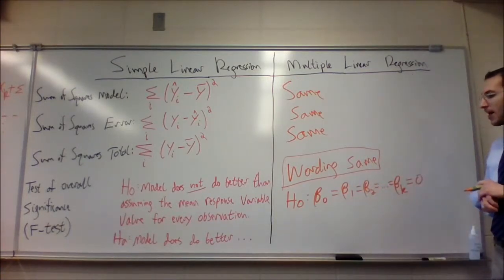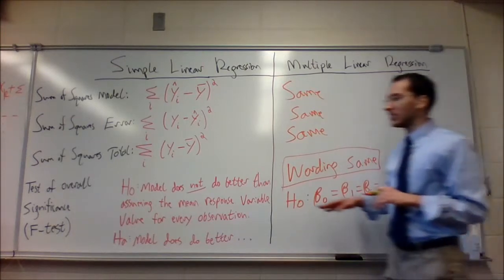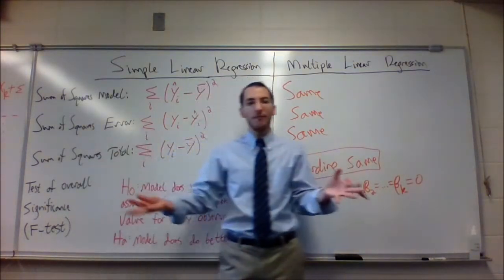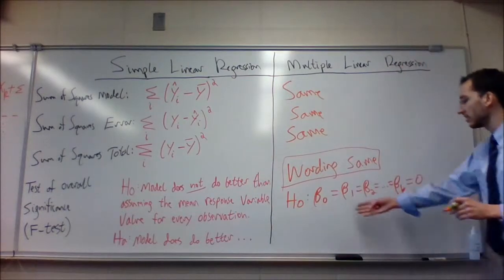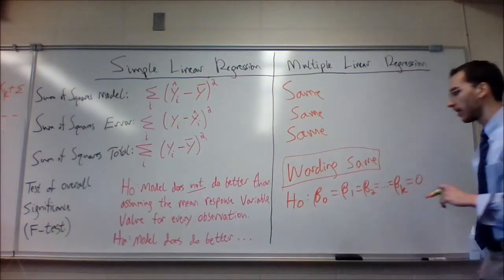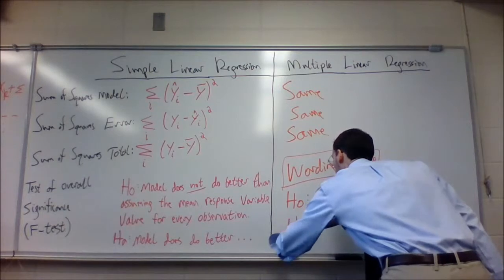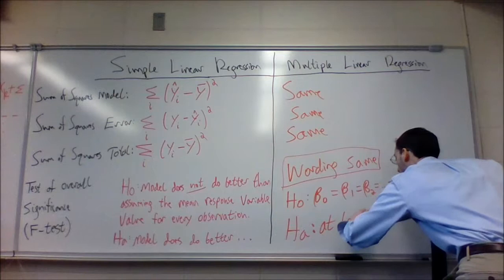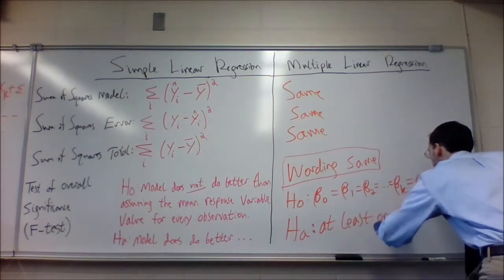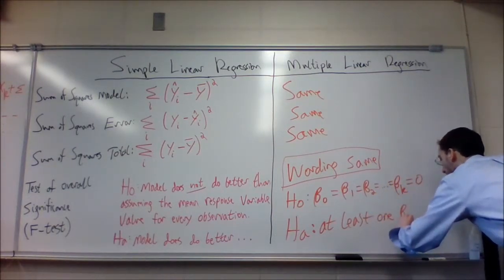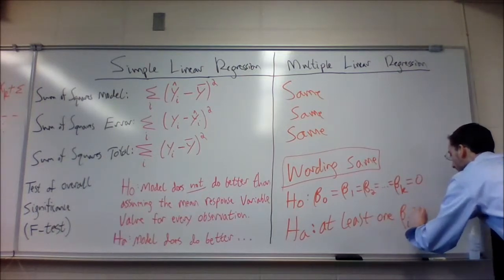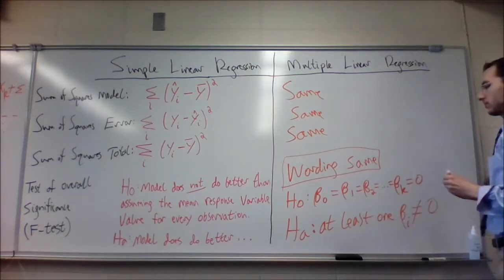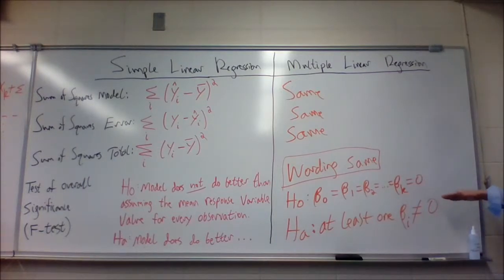In the null hypothesis, for testing the overall significance of my model, everything at once, the null hypothesis is that everything's equal to 0. The alternative is that at least one of these is not equal to 0. This is how the book frames it. This is how a lot of people think about it, but I'm going to throw a little wrench into this interpretation in a moment.